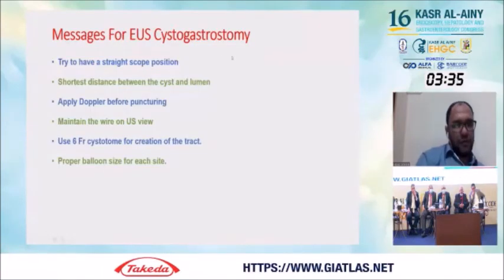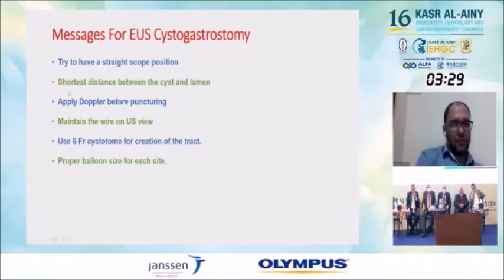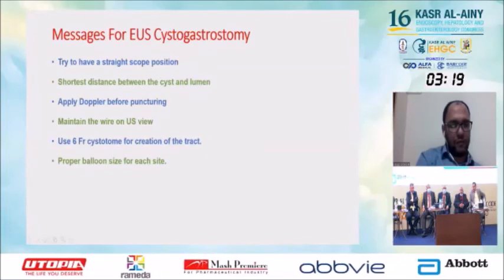Message for EUS cystogastrostomy: it is an easy maneuver, but we try to keep these messages in mind to make it so easy. First, try to have a straight scope position to make the use of the accessory easy, and also exchange the accessory easily.